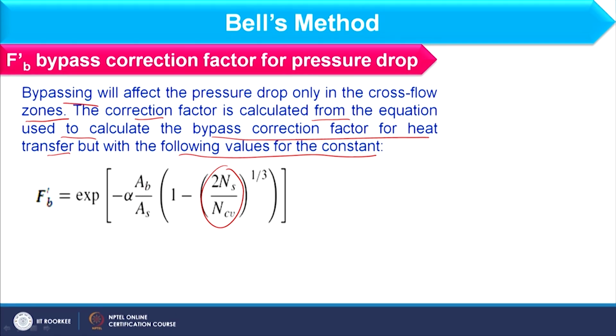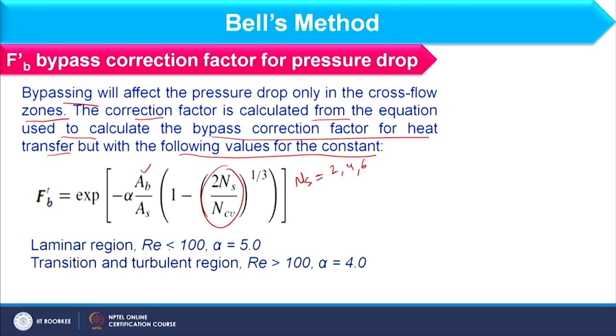So all these parameters you know, and whatever NS you have fixed in the heat transfer coefficient, let us say that may be 2, 4 or 6, because these numbers you have already fixed when you obtained FB more than 0.85, if you remember. So whatever sealing strips you have fixed there, the same sealing strips you can use here directly.